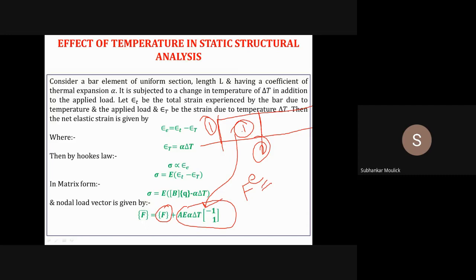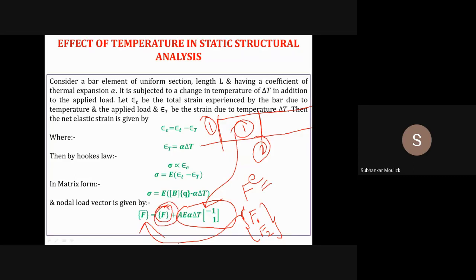Now see, this element number 1 comprises two nodes, node 1 and node 2. Each node will be subjected to some forces. Then I can write it as F1, F2, a 2 cross 1 matrix, that is this value. F1, F2 is equal to F, the static structural load.